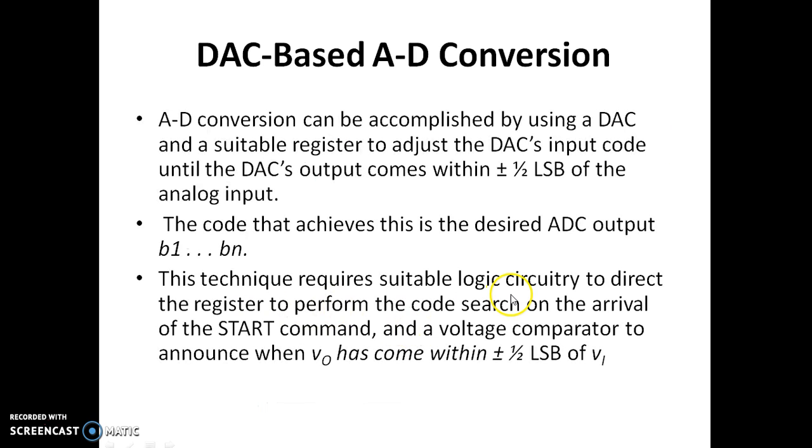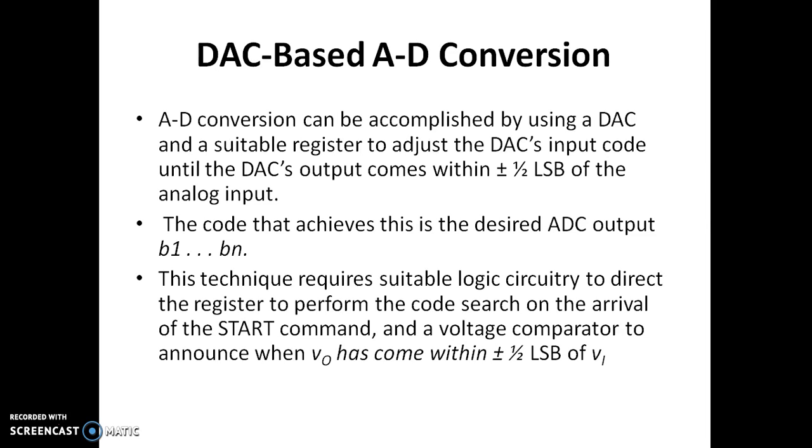This technique requires suitable logic circuitry to direct the register to perform the code search on arrival of a start command. The meaning of code search is, suppose you are given some input voltage, and you start the conversion, that is, you tell the ADC to start the conversion.